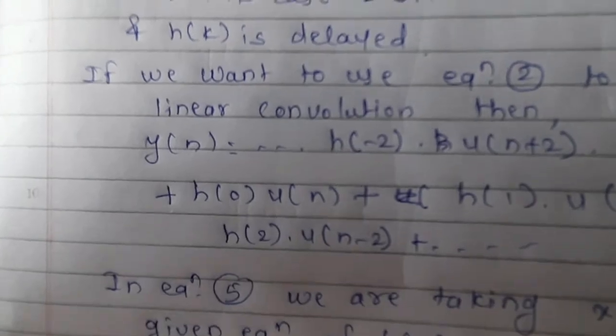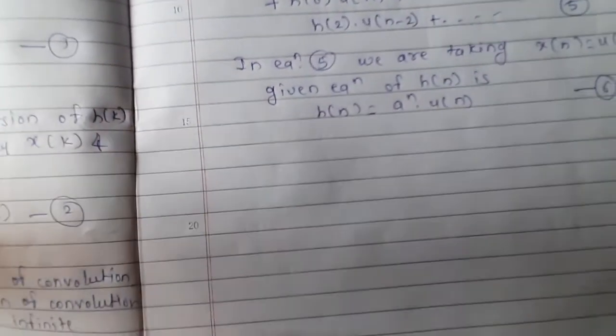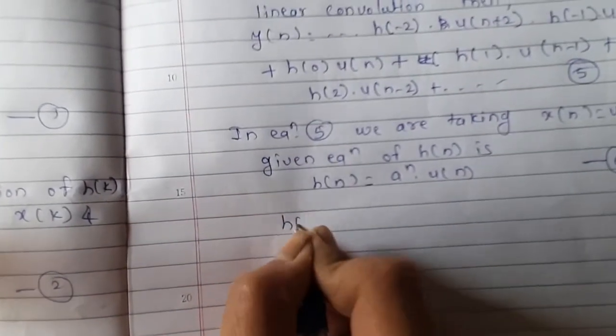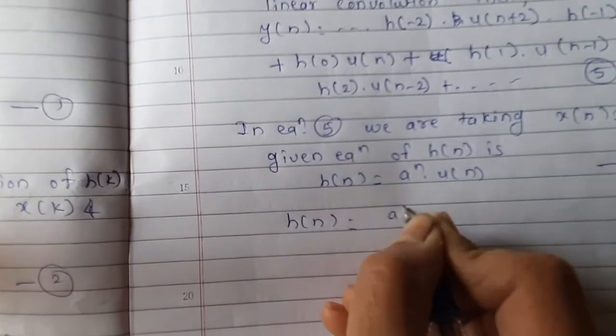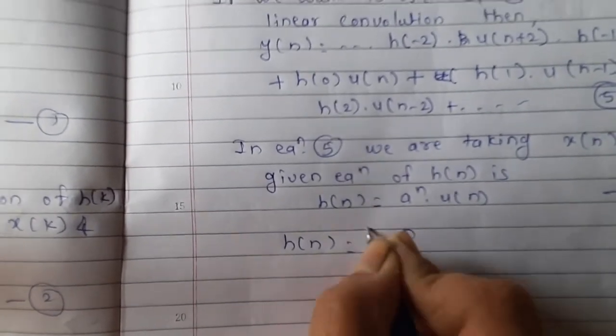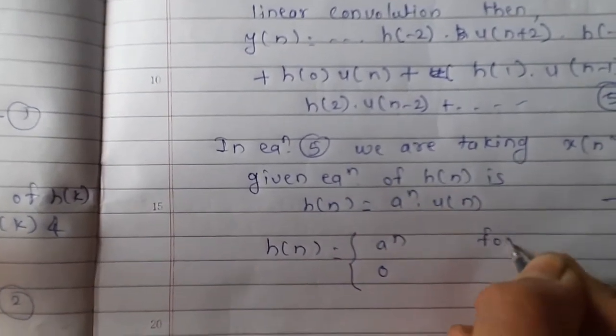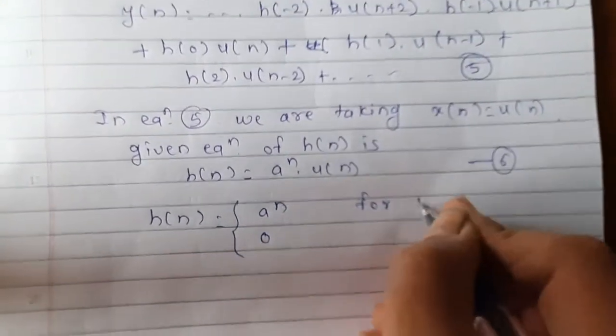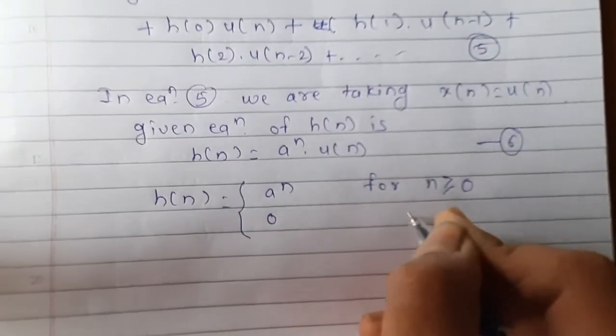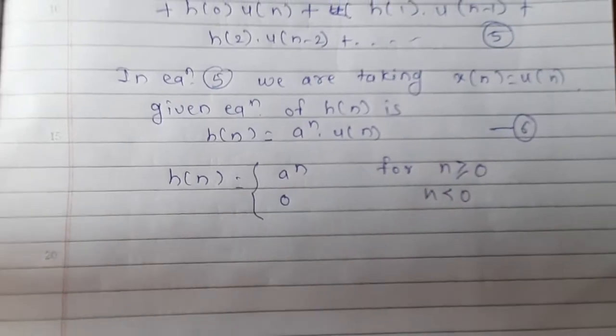This is equation 6. So h of n is equal to a raised to n for n greater than or equal to 0, and it is 0 for n less than 0.